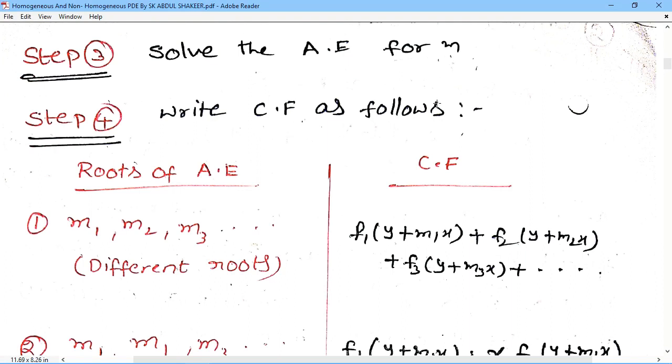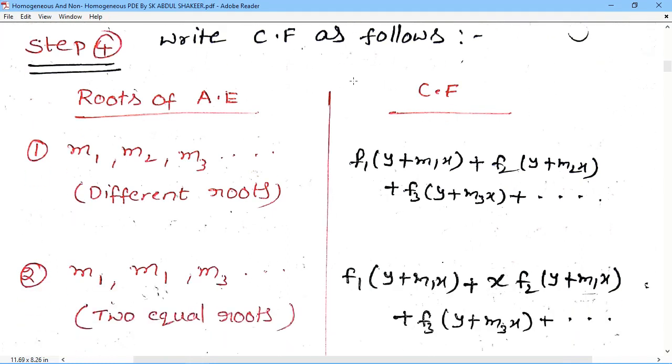Solving means finding the roots or zeros of the auxiliary equation, which is done using synthetic division or a quadratic equation solving method. We have already studied finding the roots of the auxiliary equation in earlier chapters.